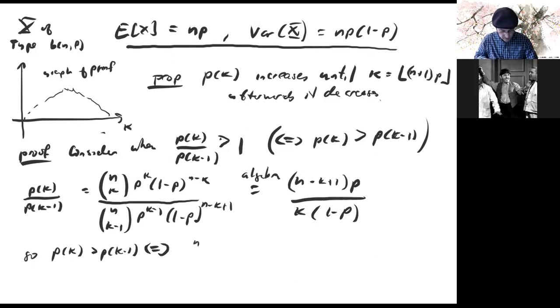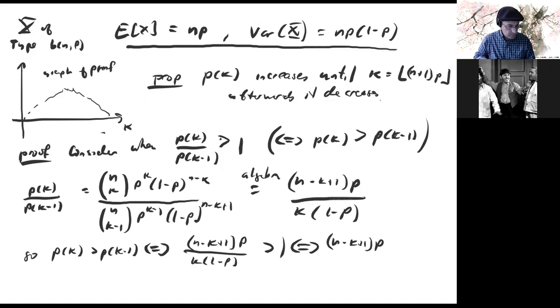So (n minus k plus 1) times p over k times (1 minus p) is bigger than 1. And this is just inequalities. It's if and only if (n minus k plus 1) times p is bigger than k times (1 minus p), just multiplying both sides by the denominator.